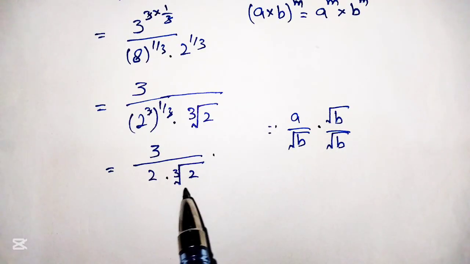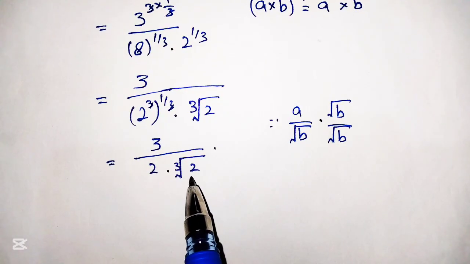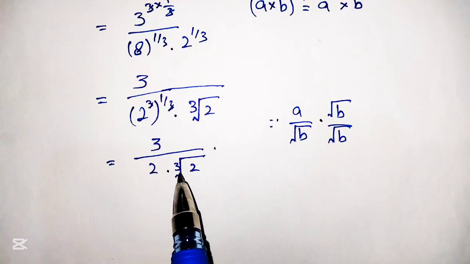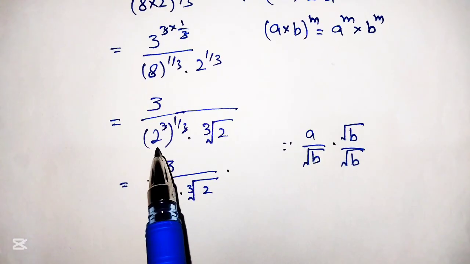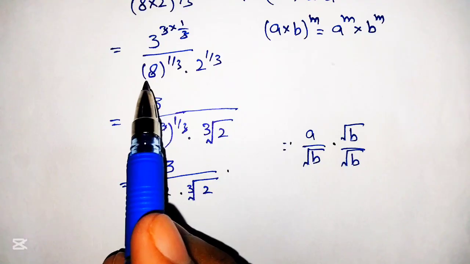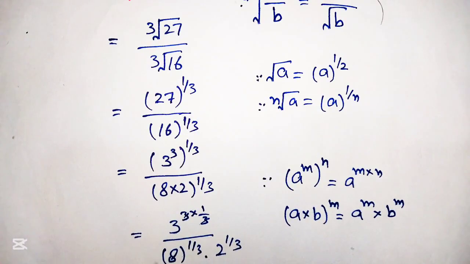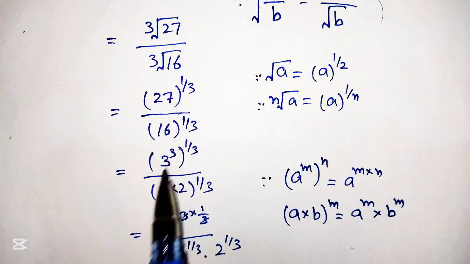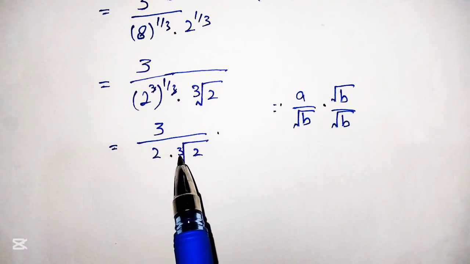But here in this question we have the third root of 2, so we need a number inside the radical which can be cancelled out by this 1 over 3 power, as in the previous steps we used here. We solved this 8 as 2 raised to power 3, and 3 cancelled out with this 3, and in the start also 27 raised to power 1 over 3, we solved this by taking 3 raised to power 3. Similarly, we will use a trick here so that we will simplify this third root.